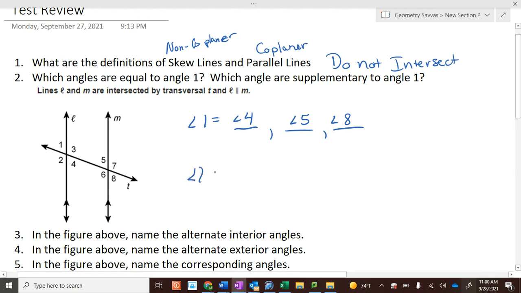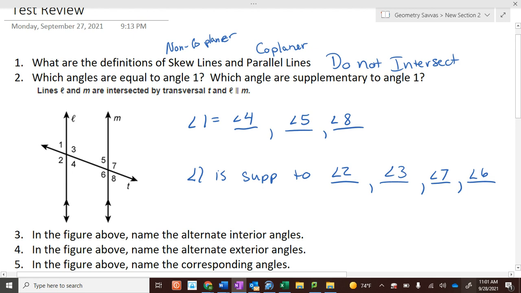Angle 1 is supplementary to what 4 angles? Angles 2, 3, 7, and 6.